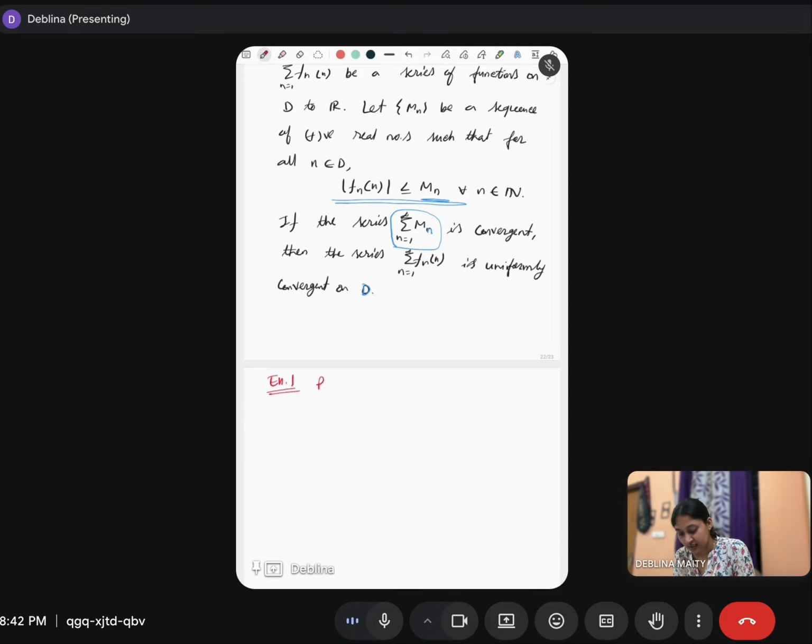So the first one is: prove that the series summation 1 by n cube plus n to the power 4 x square is uniformly convergent for all real x, right?